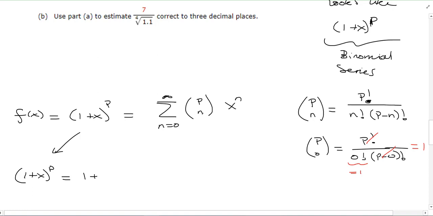Okay, then p choose 1, you're going to go through the same sort of thing. So then you're going to have plus px, and we went over this expansion in class, plus p times p minus 1 x squared over 2 factorial, plus p times p minus 1 times p minus 2 x cubed over 3 factorial, and so on.